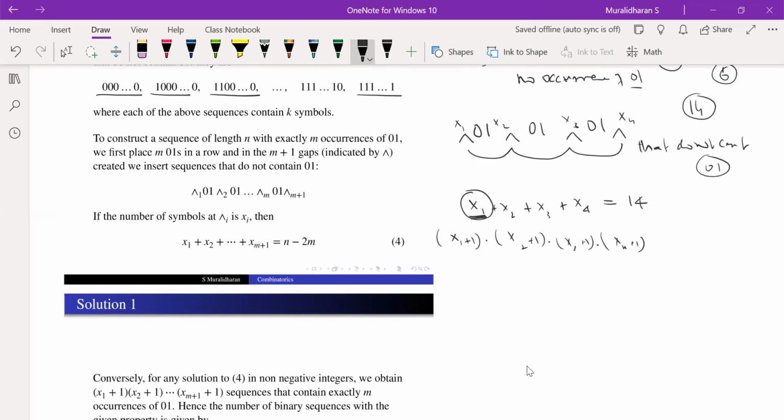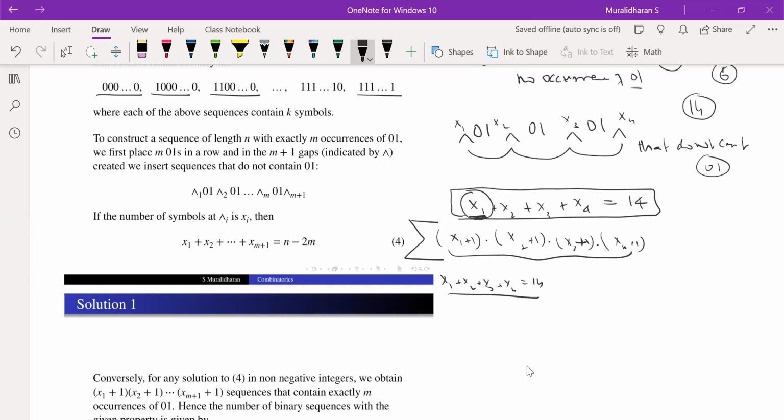What's the condition on x1, x2, x3, x4? I have to find the number of solutions. For any such solution, I have this many sequences. So the answer will be the sum of all these products, over all solutions such that x1 plus x2 plus x3 plus x4 equals 14. The xi are greater than or equal to 0.